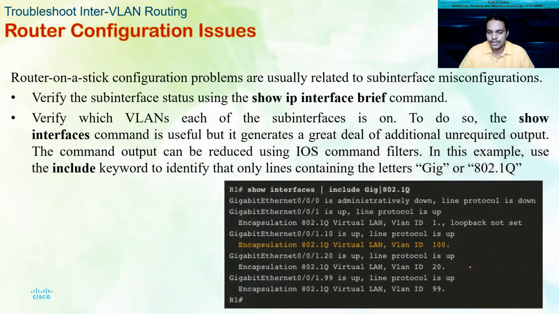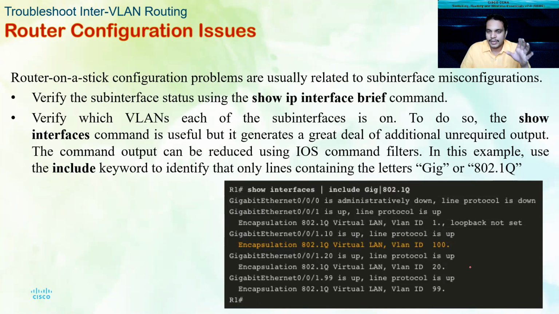And router configuration issues. Usually when you're working with sub interfaces, maybe 2 or 3 or 4 or 5 sub interfaces, people commonly tend to give wrong IP addresses, or IP addresses with some typing mistakes in them. If you make a mistake, the configuration will not be completely done.